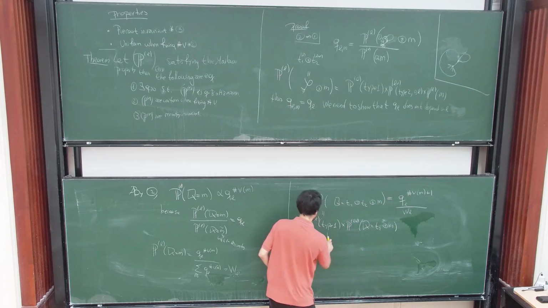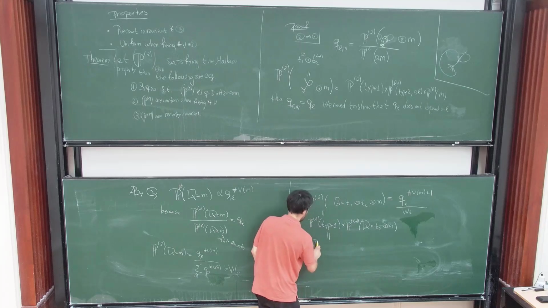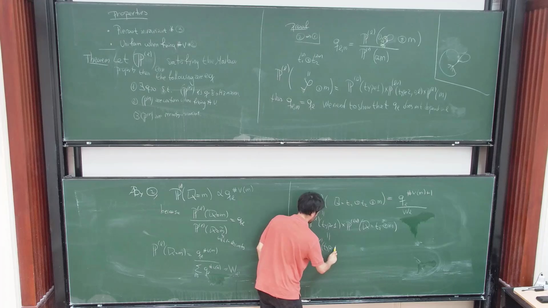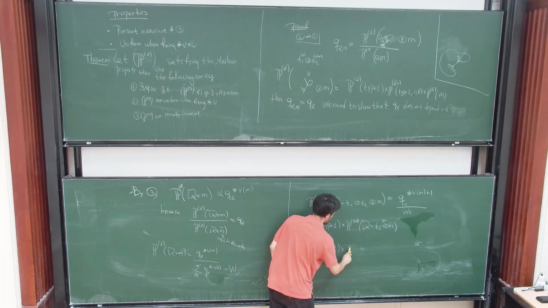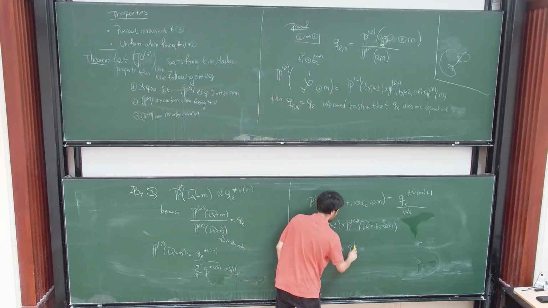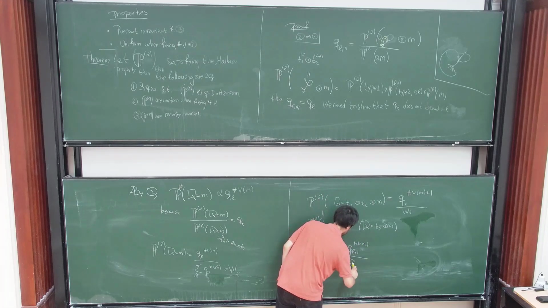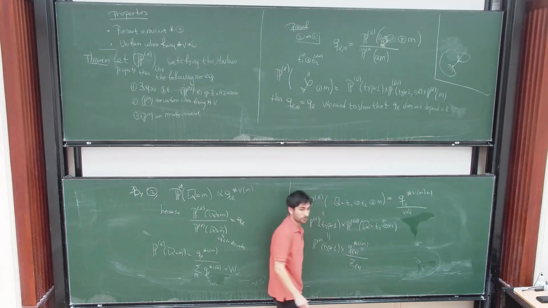So this is equal to this probability of type 1 times QL to the vertices of M, QL plus 1 divided by the partition function of L plus 1.